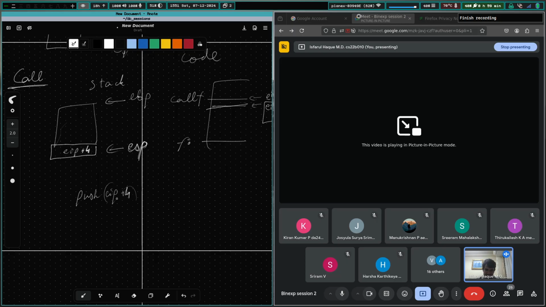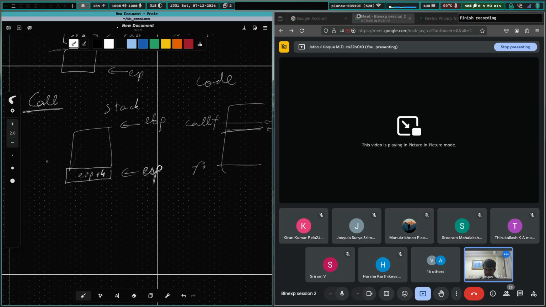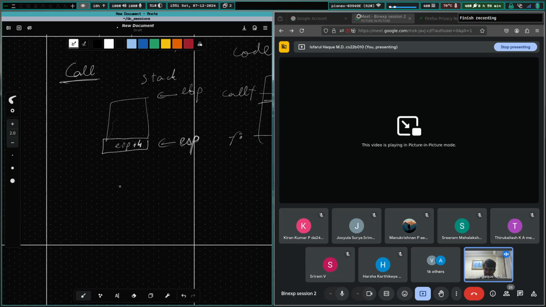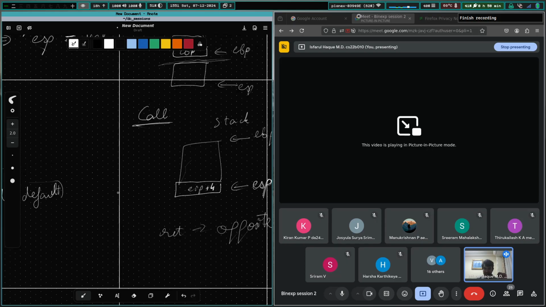Note, you are not dereferencing EIP, you are pushing its exact value. So call was basically this. Now ret just reads from this and removes it. So I think how stack frames are constructed in conjunction with function calls is very clear now. I am hoping it should be.